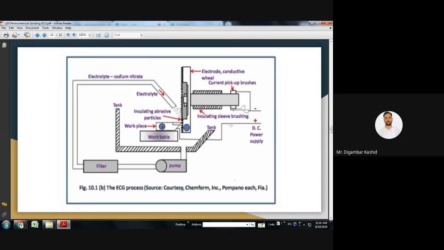Okay, now you can draw this diagram also.